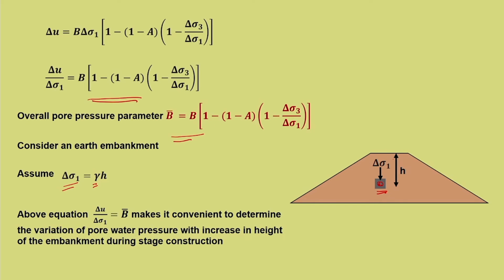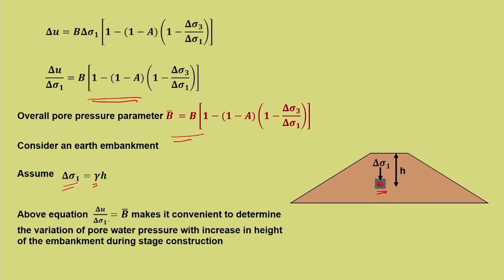This assumption is important because only then can you determine the pore water pressure as a function of delta sigma 1. We are not concerned about other principal stresses here; we are assuming whatever stress change happens is delta sigma 1 only.